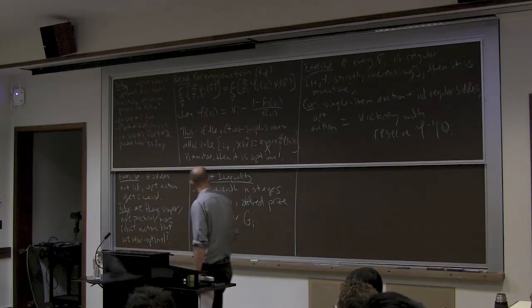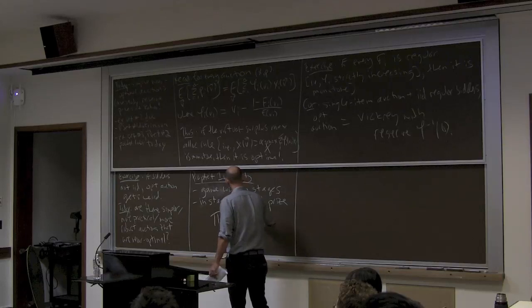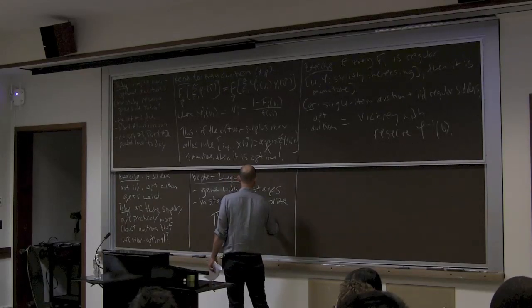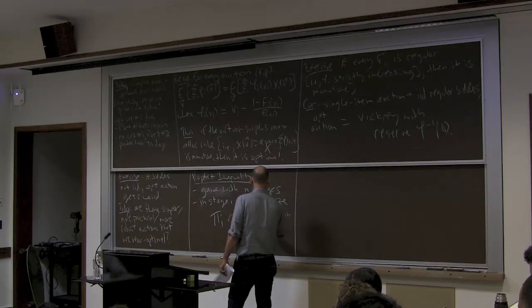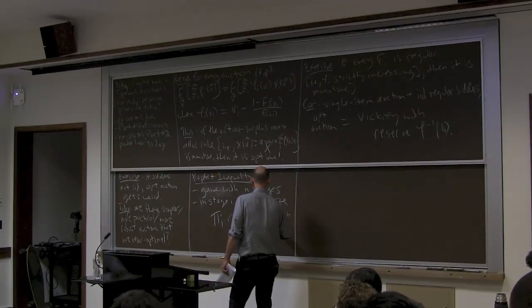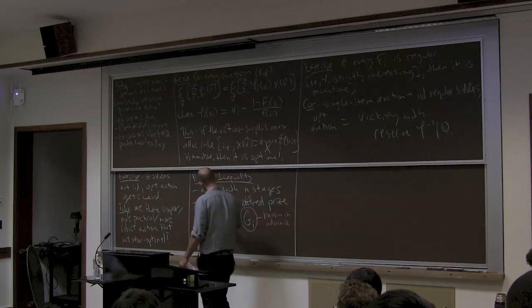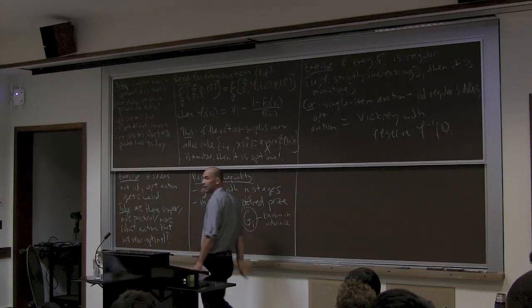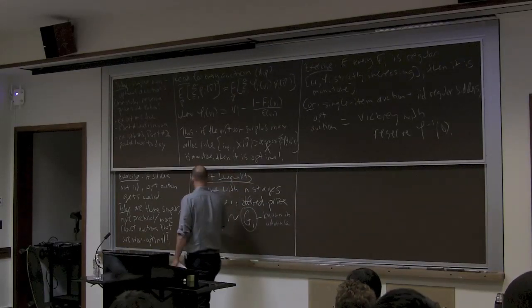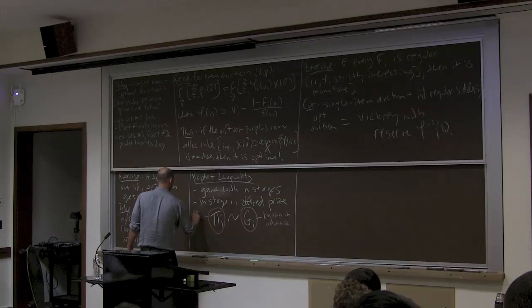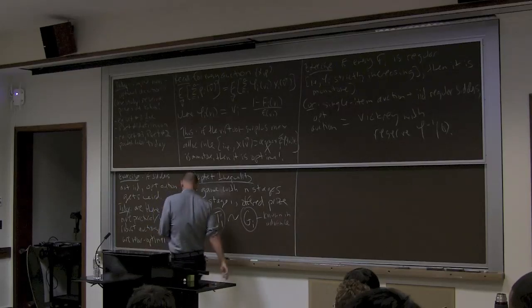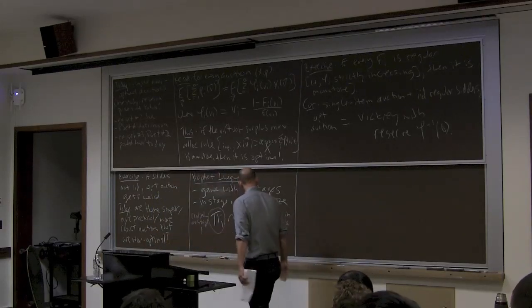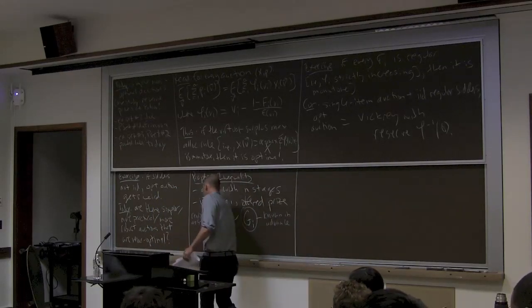And as the person playing this game, you know G_i in advance. So you know G_1 through G_n. But you only learn pi_i when and if you get to the ith stage. I should also mention that the distributions are independent.